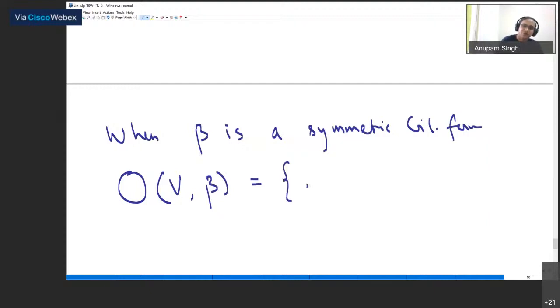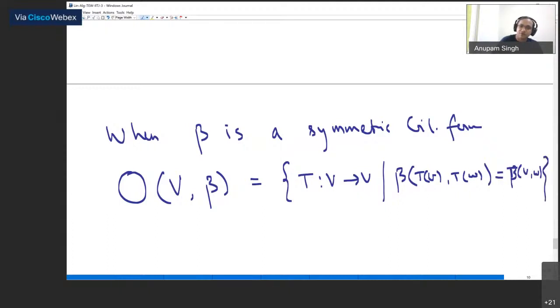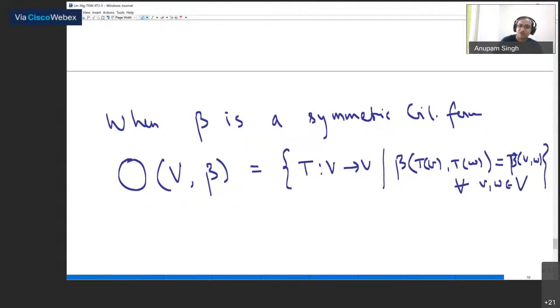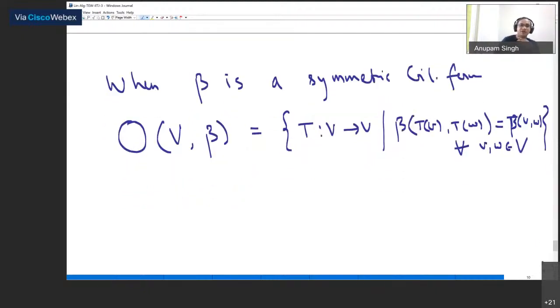This is all those linear transformations which preserve beta. So beta of TV, TW is equal to beta of V comma W, and this would happen for all V comma W in V. Okay, so take the collection of all isometries, and this is called the orthogonal group. This is a group, of course.